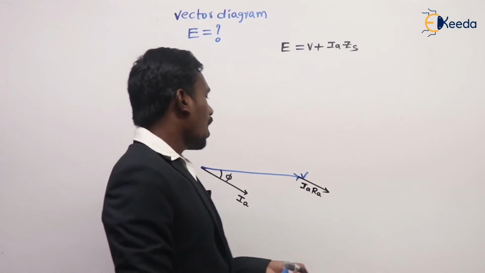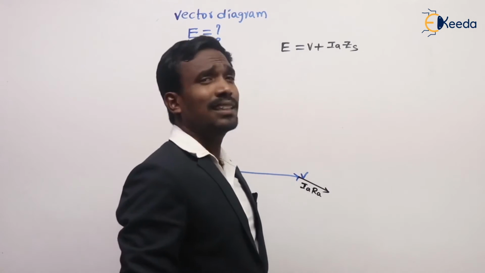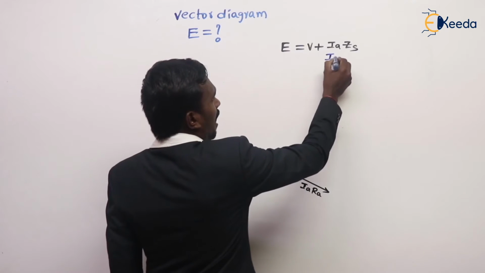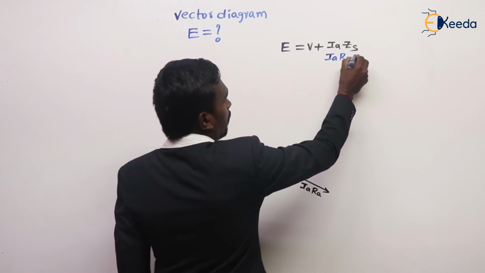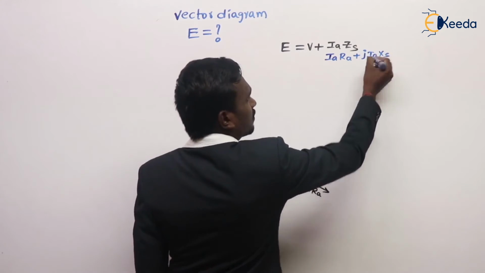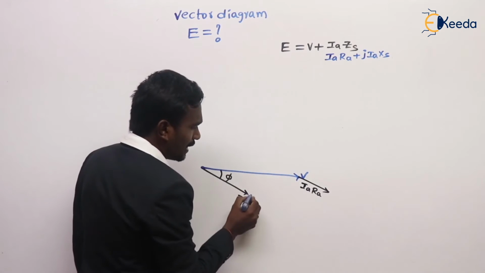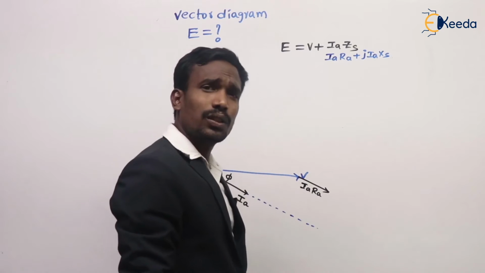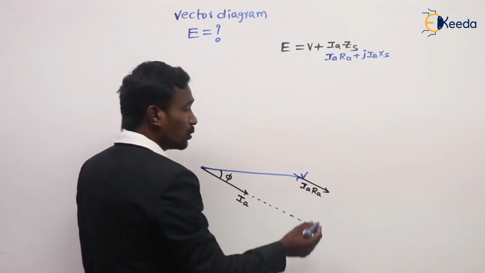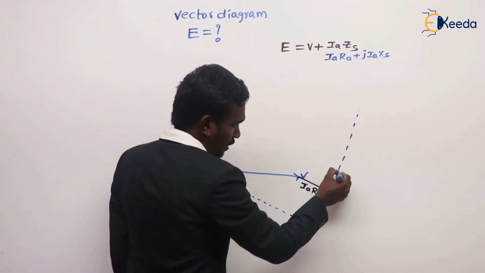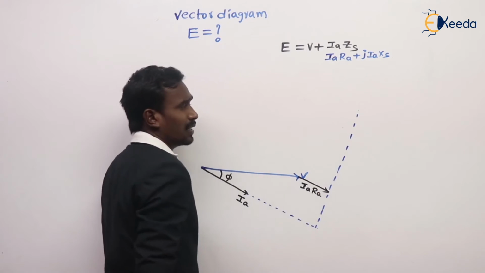Next, how can we draw the reactance drop? This IAZS is nothing but IARA plus jIAXS. So the IAXS should be 90 degrees to this IARA.